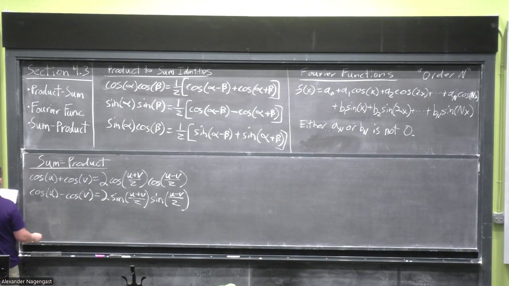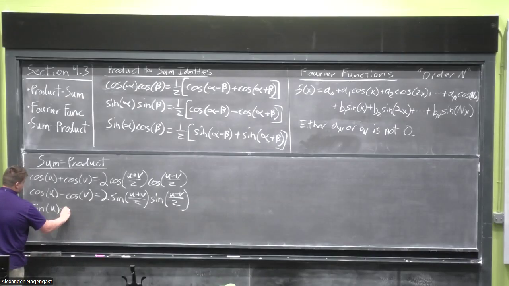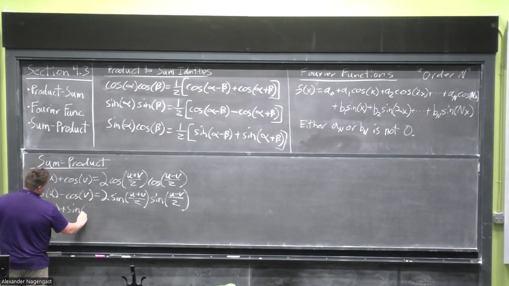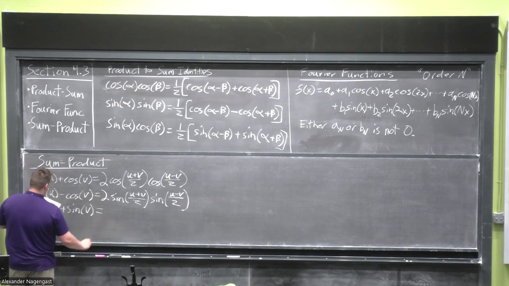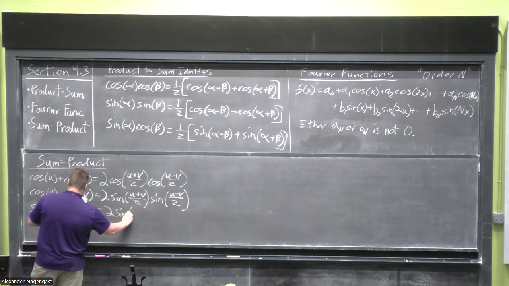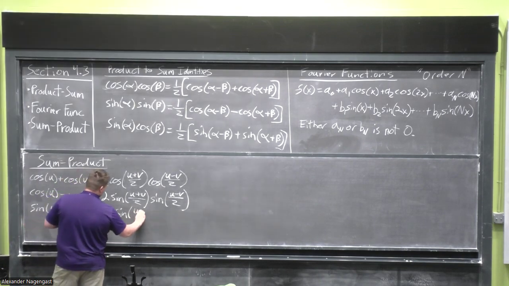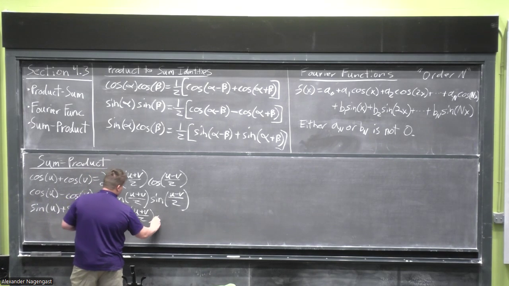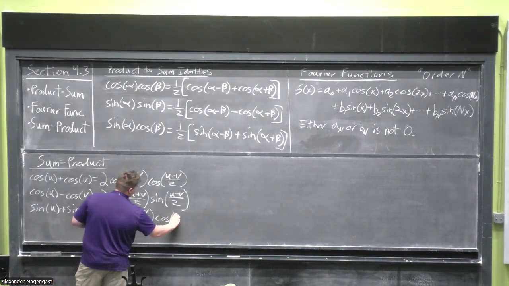We'll also have sine of u plus sine of v, which yields 2 times sine of u plus v divided by 2 times cosine of u minus v divided by 2.